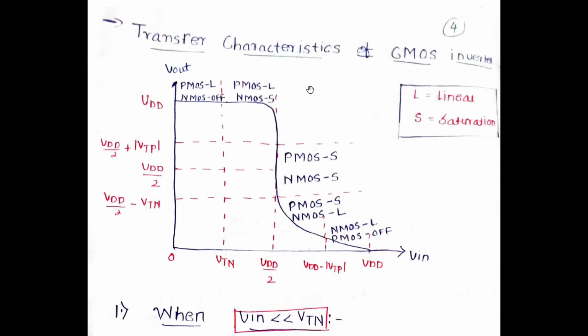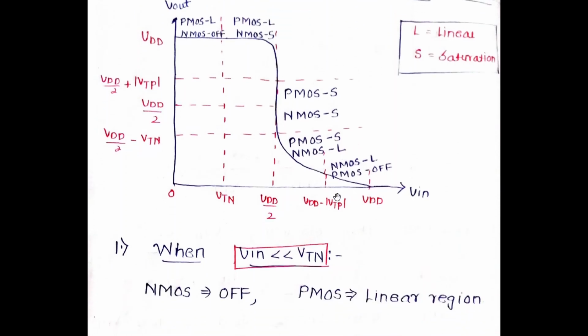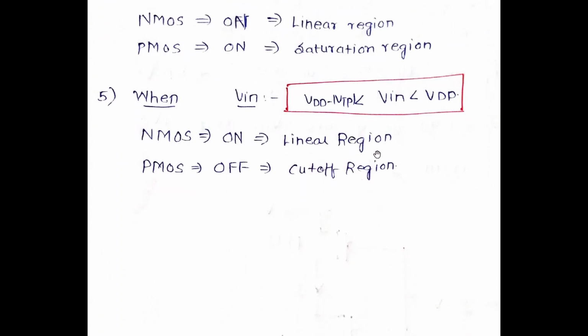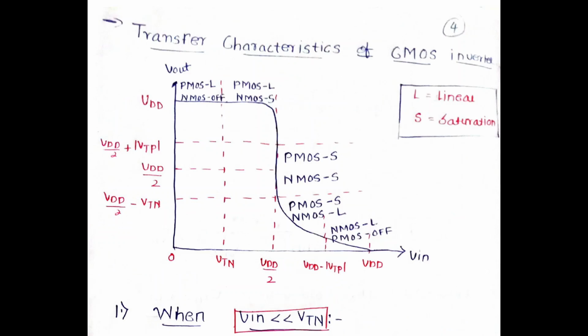Finally, when my Vin is greater than VDD minus mod VTP but smaller than VDD, my NMOS becomes linear and my PMOS becomes cutoff. So this is very important and this is what you should know. This diagram is very important. You should know at what input values the different regions of operation of the MOSFET occur.